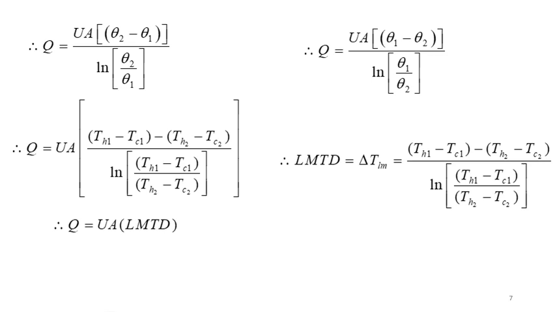This you can find in the data book. This is the logarithmic mean temperature difference for parallel flow conditions. I hope you understood this.